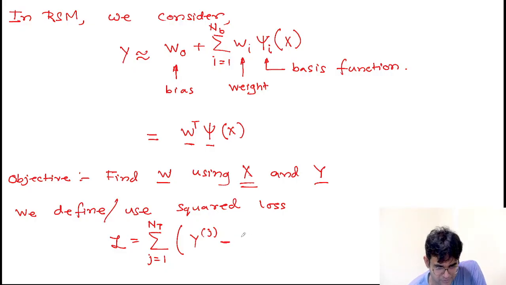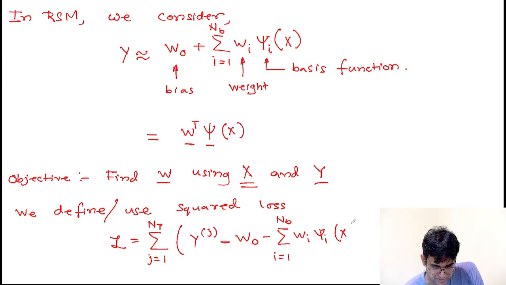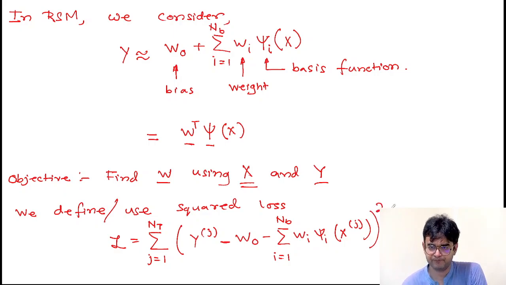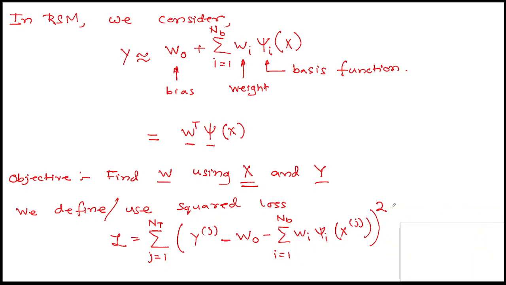So minus W naught minus summation i from 1 to NB of Wi psi i of xj, and that is squared. Right? This is my loss function.